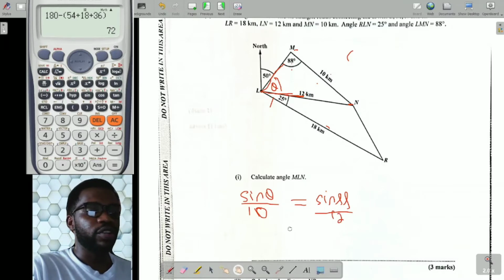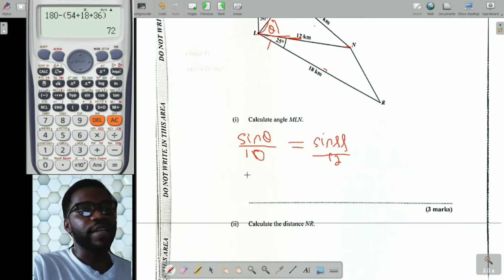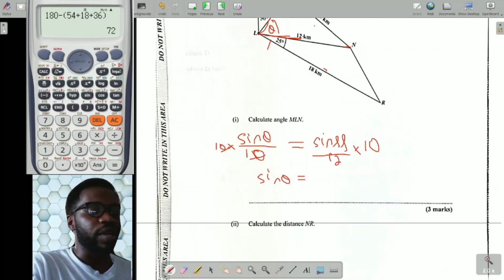This now just becomes a matter of working out. We can find sine theta by multiplying both sides by 10. So we get rid of the 10 from over here because theta is over there. This would cancel out. So sine theta is equal to all of this. I don't want to put all that inside of my calculator in pieces, so I get one answer.